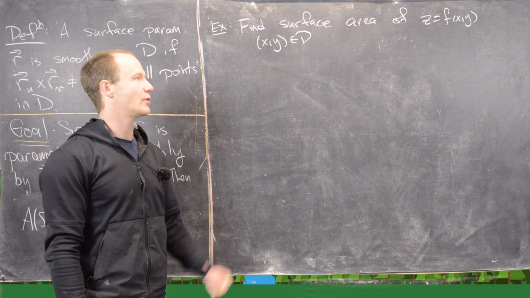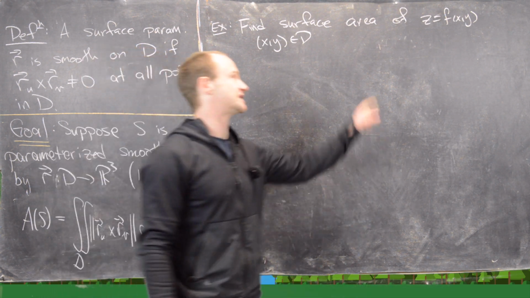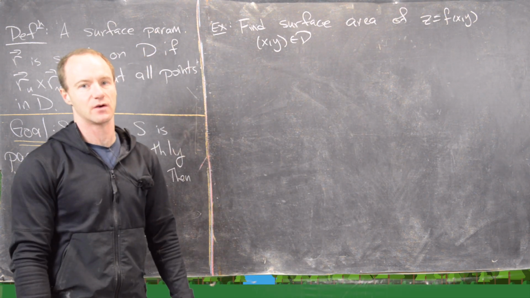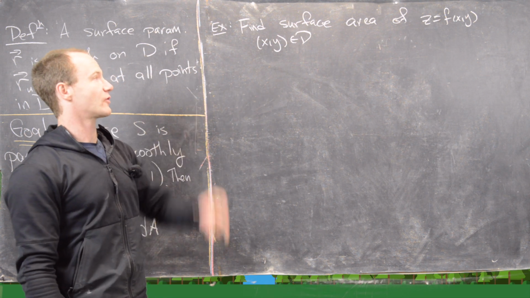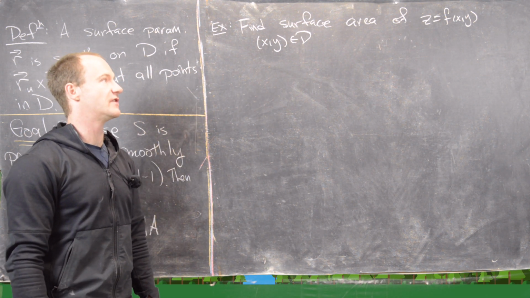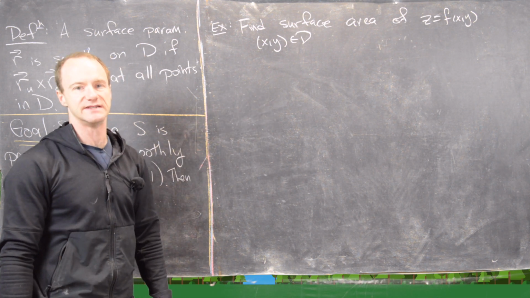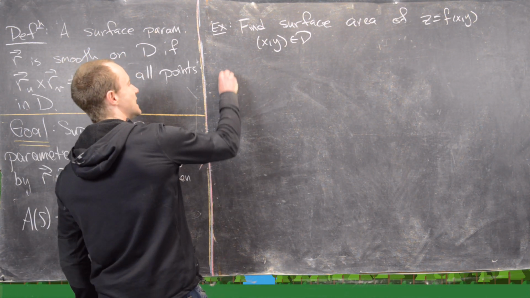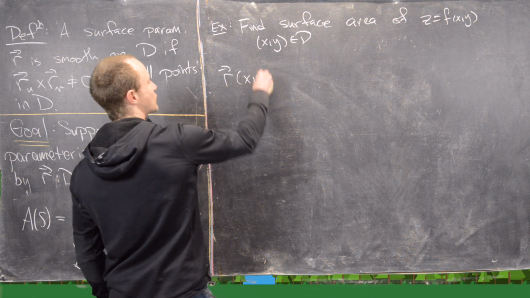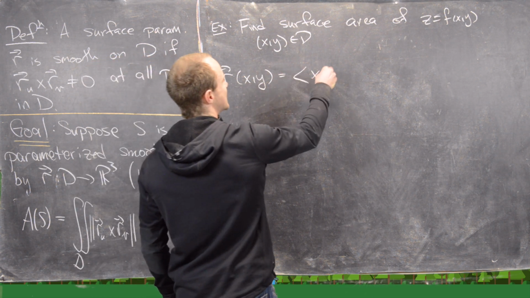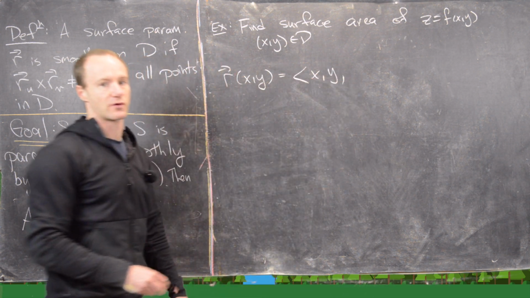Okay, for our last example, we want to throw this back to a surface which is defined as a function of x and y. So in other words, we want to find the surface area of the surface z equals f of xy where x and y are in D. So like we did in a previous video, this has a nice parameterization where we can just use x and y as the parameters.